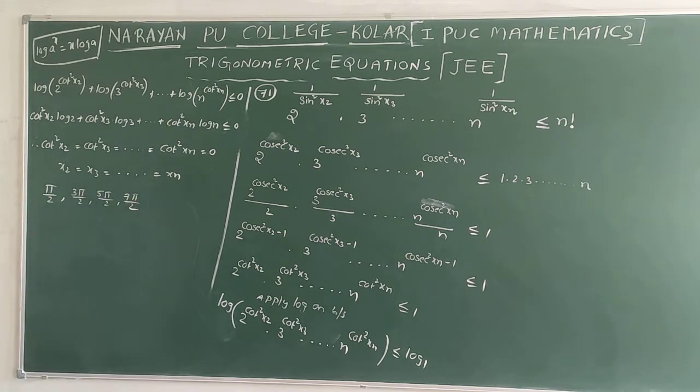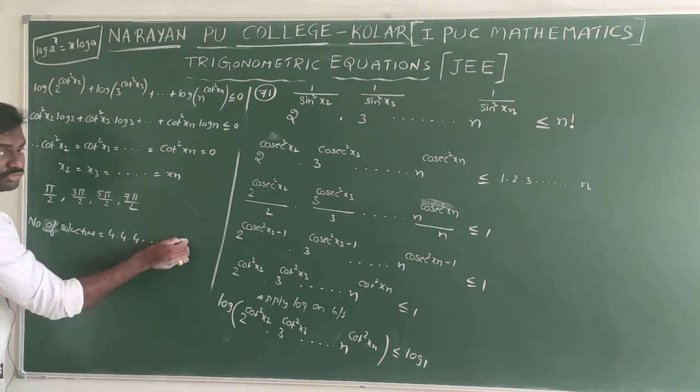See, in the question they gave the total number of solutions. For each one, how many solutions will we get? For x2 these are possible, this is possible, this is possible, this is possible. Therefore, the number of solutions is equal to 4 into 4 into 4 into 4 into 4.